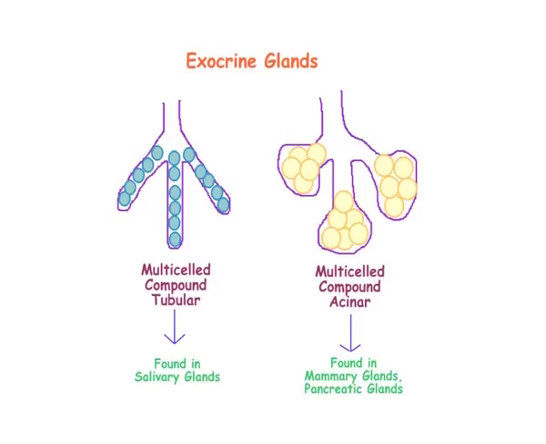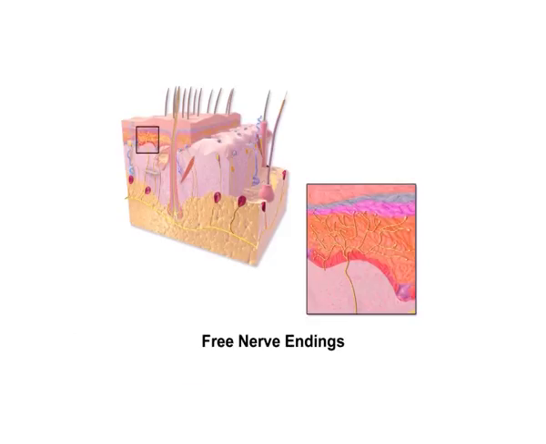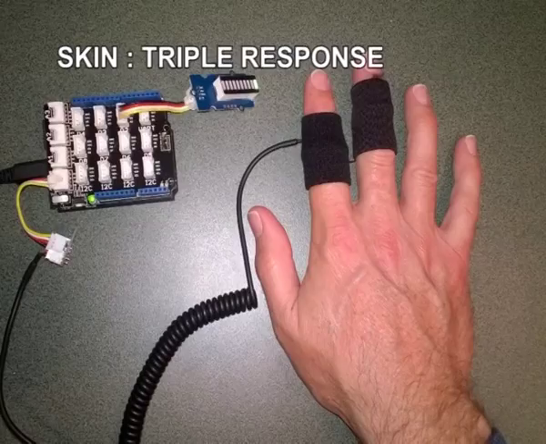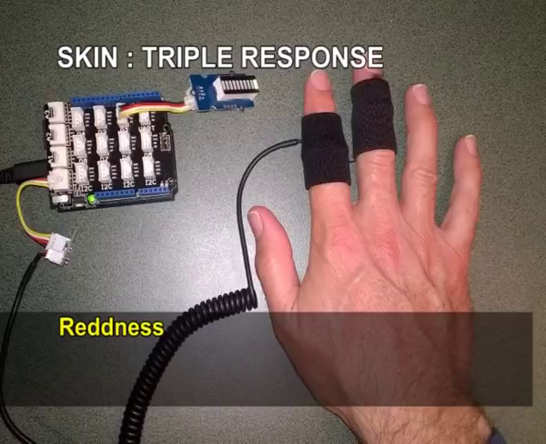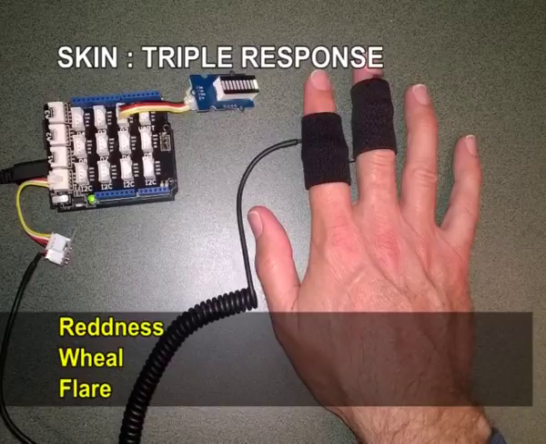It stimulates exocrine glands, gastric secretions, and sensory nerve endings, causing pain and itching. In the skin, we can see the triple response: redness due to vasodilation of capillaries, wheal, also known as edema, and flare due to stimulation of sensory nerve endings.